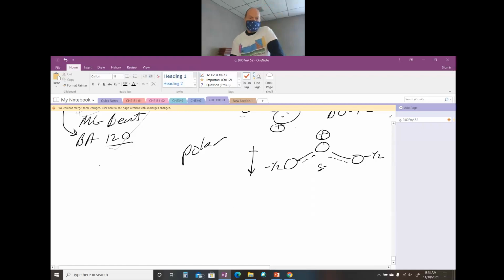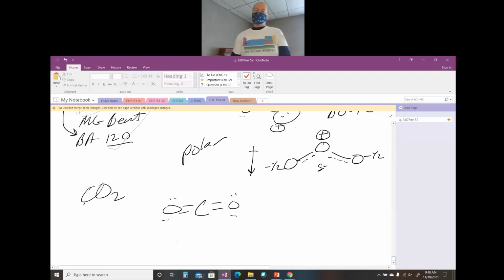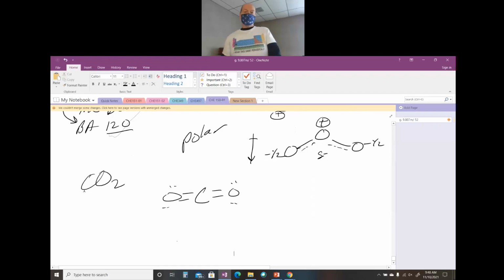All right, CO2. So now when I go to CO2, this is one where I would do fast. I have my central atom is carbon. I know carbon has 4 bonds. I know oxygen has 2 bonds. You can count all the electrons if you want, but I would highly recommend knowing that carbon has 4 bonds and oxygen has 2 bonds. All right, and so I go right to the answer, but you can do it correctly.